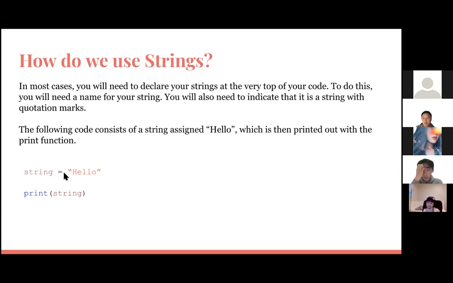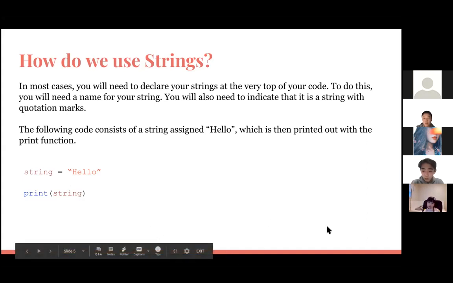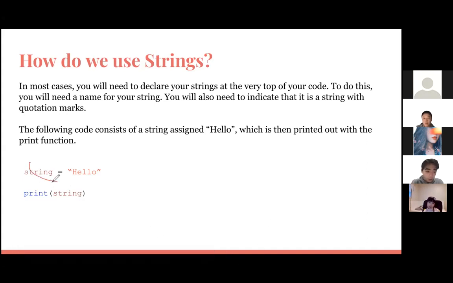In reality, it doesn't really matter. They both show that they're strings. And in this case, when we say string is equal to hello, we are assigning a variable, right? We're assigning this variable called string, and it has a value of hello. So that's simply what this means.